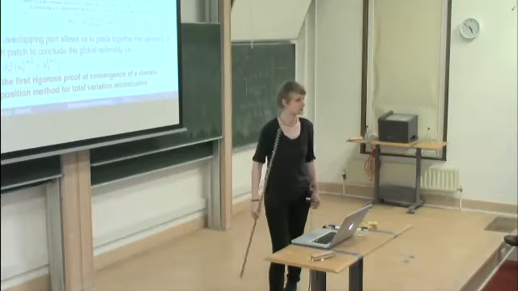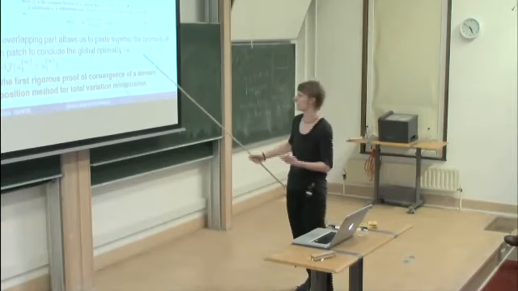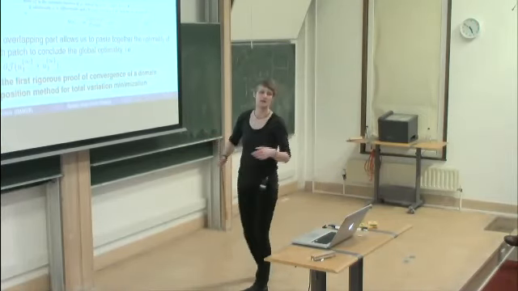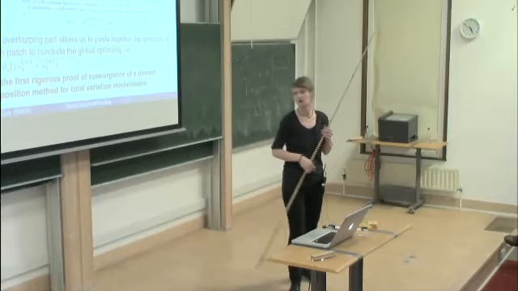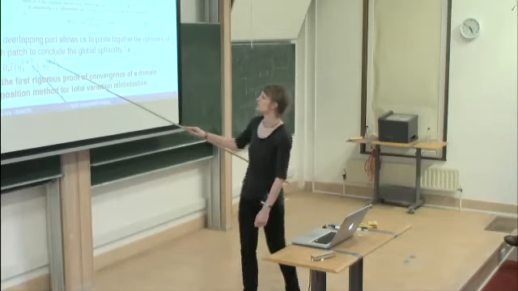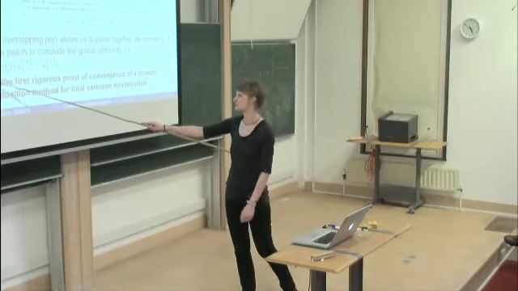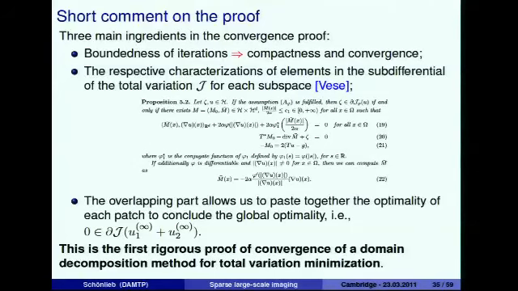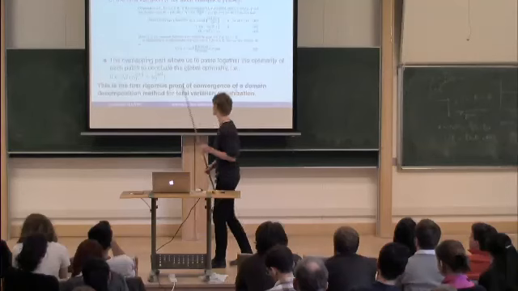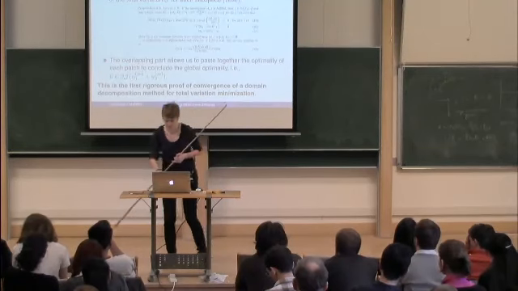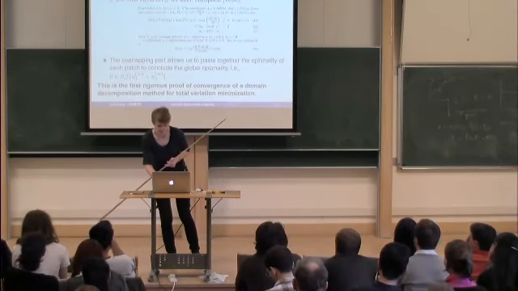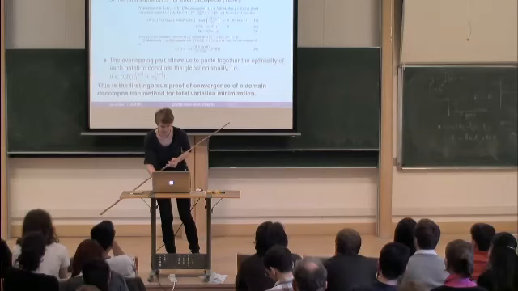Okay, and this works only for the overlapping part, because it really gives us that if you add the two limits of the subspace minimization problems, you get a minimizer of J on the whole domain. All right. So I cannot be more specific here, otherwise it would be a pain, I guess. So sorry.